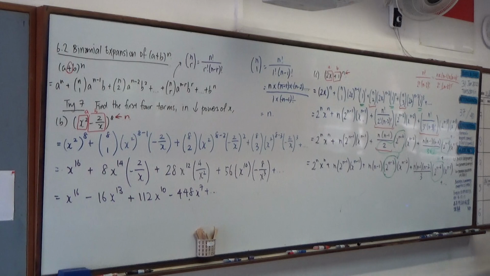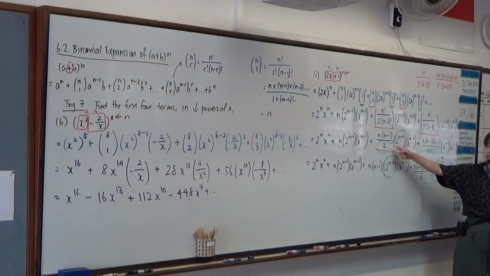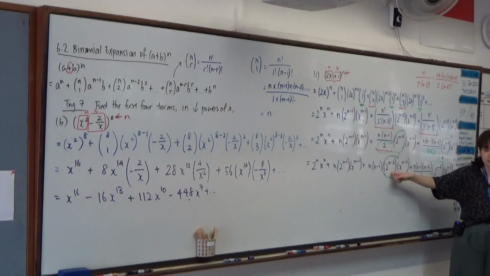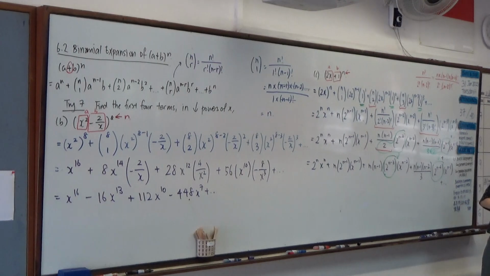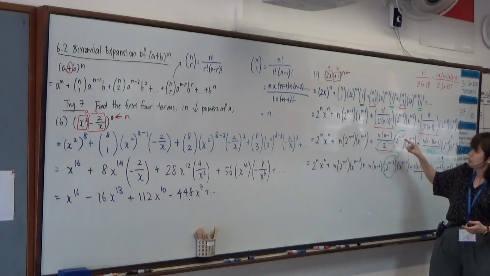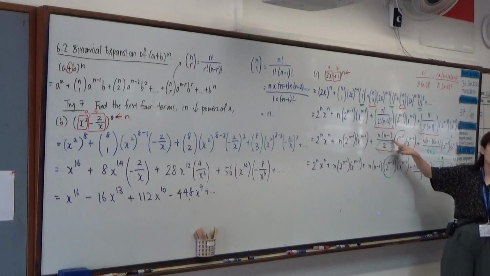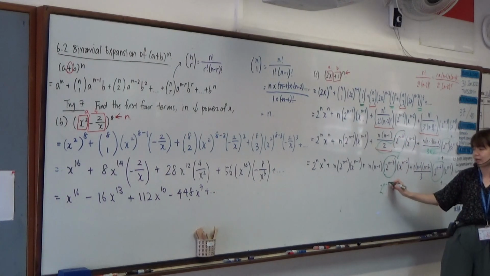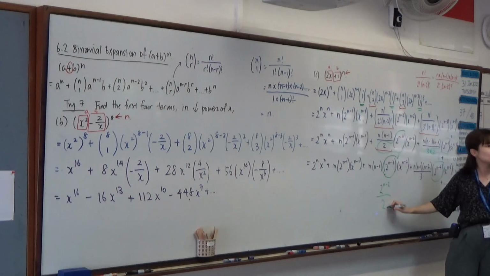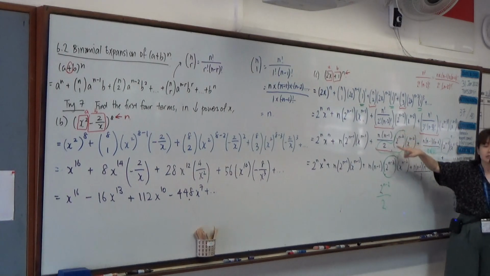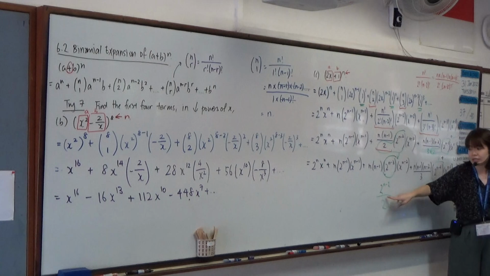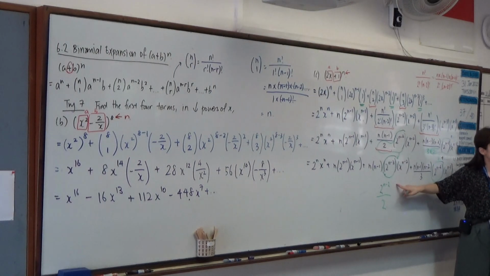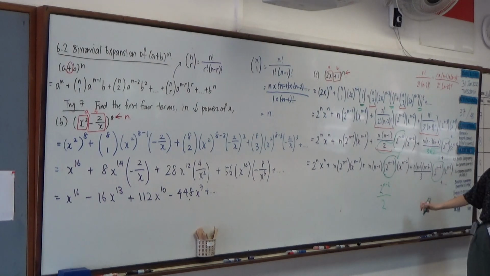Liwi asked, why is it that from here, it becomes this one? So a reminder about your indices laws. This is a fraction times 2 to the power n minus 2. If I extract it out, we are looking at 2 to the power n minus 2 divided by 2. Remember in our indices law, divide means minus 1 in your power.